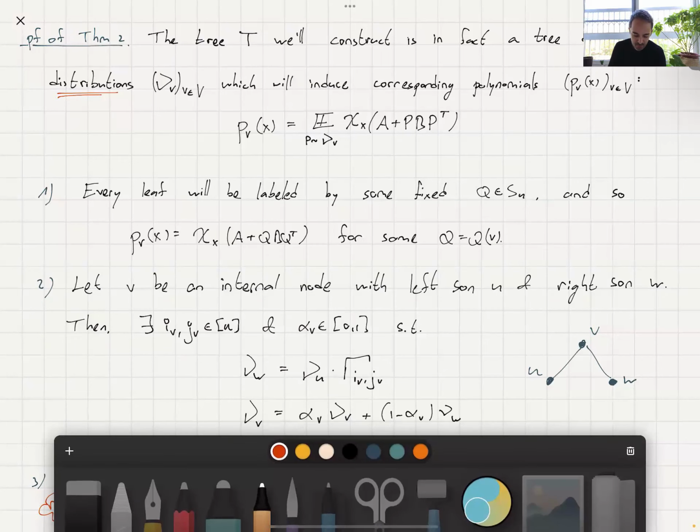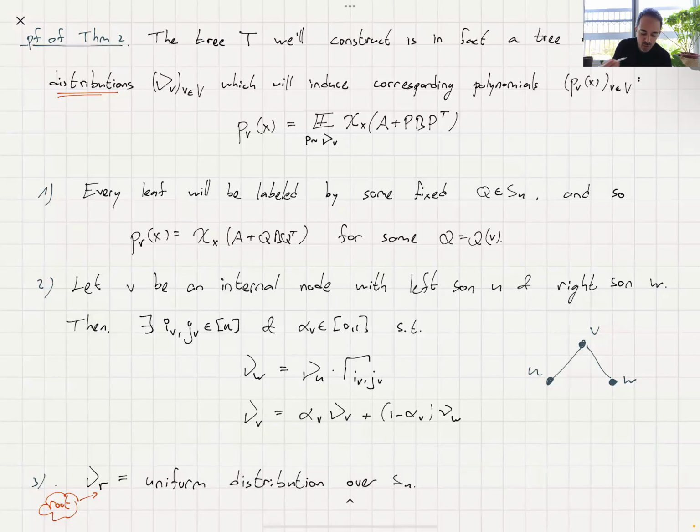So we are going to construct a tree T of distributions, namely to every node v we associate a distribution denoted by nu v, and the polynomial induced by that particular distribution is this thing. P_v of x: nu v is a distribution over permutations in S_n.